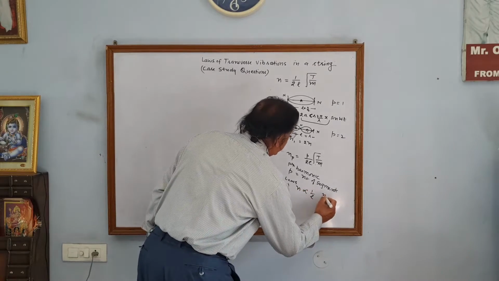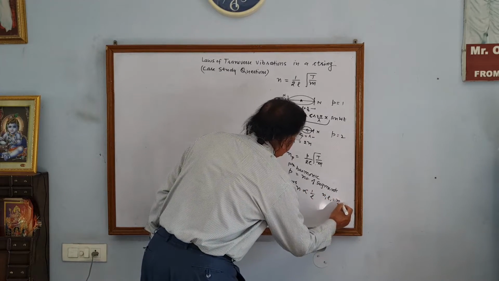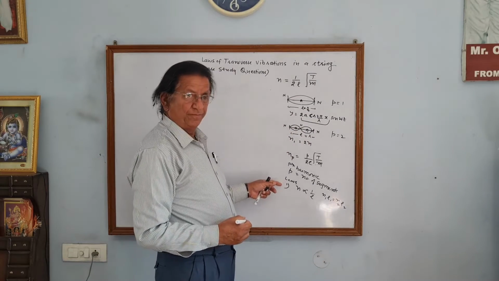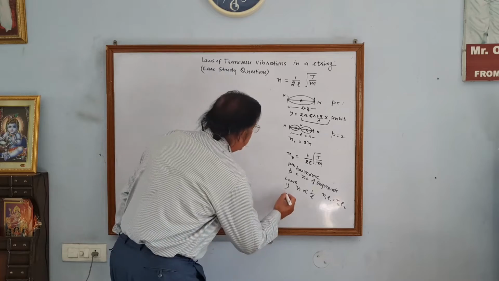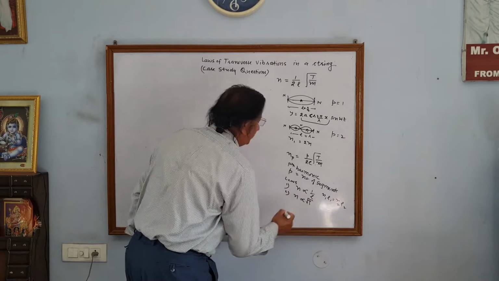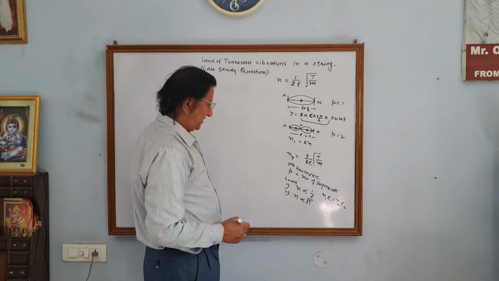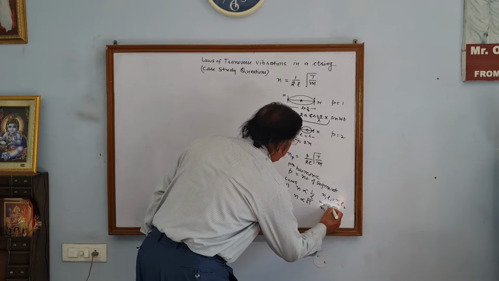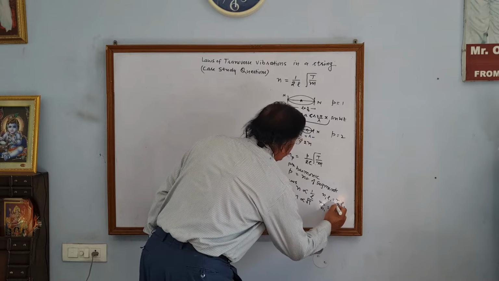It means n1 L1 is equal to n2 L2. It's the law of length. Then the second law was the law of tension: fundamental frequency is directly proportional to the square root of tension. It will mean n2 by n1 will be the square root of T2 by T1.